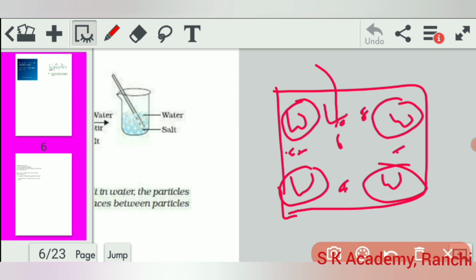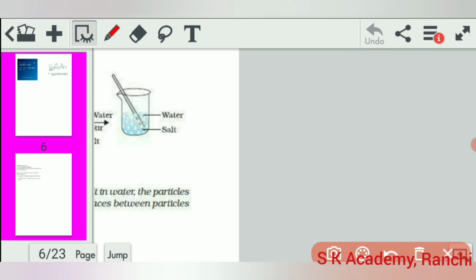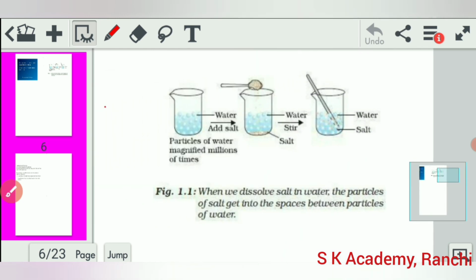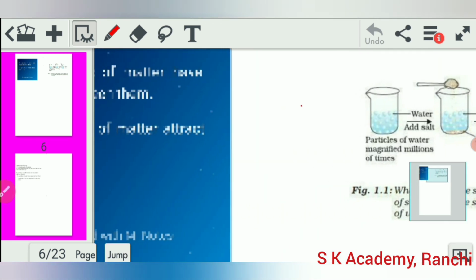That means we say that salt gets dissolved in water. So from this activity we can conclude that there is a space between particles of matter. Okay, so I hope you have understood the concept very well.